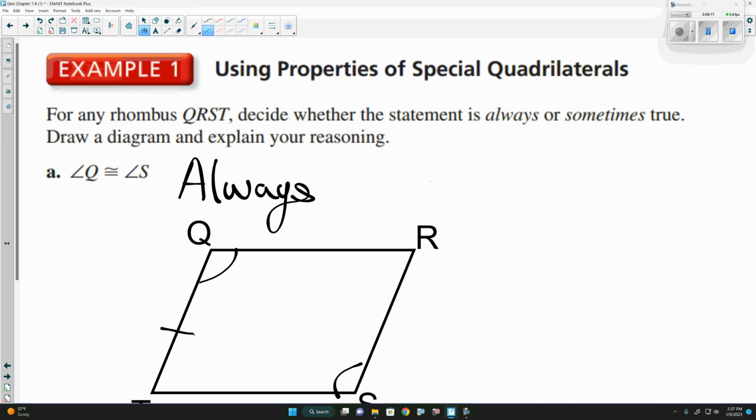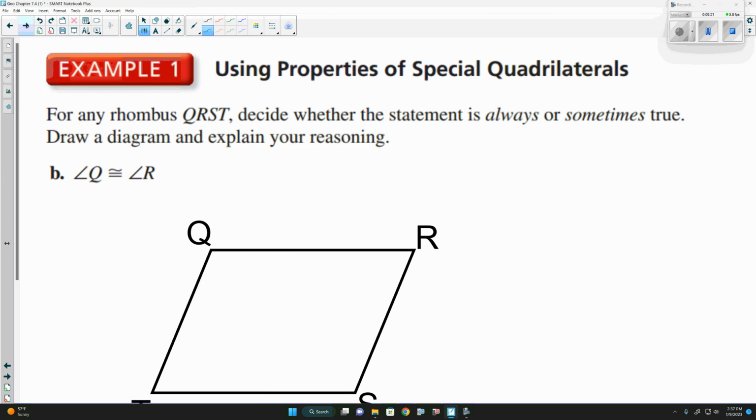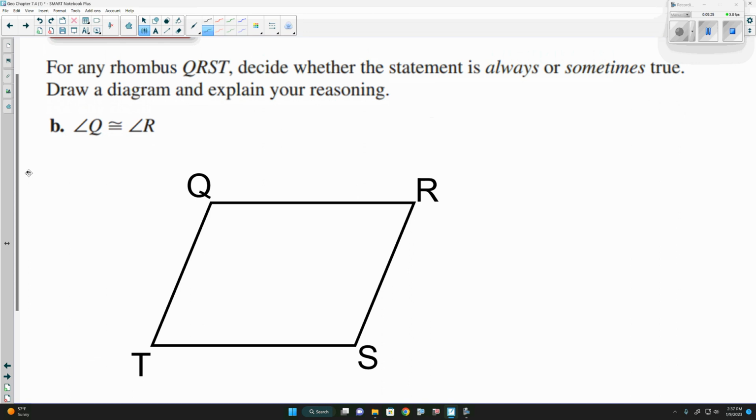But we do also know that since it's a rhombus, all four sides are congruent. Now the question is, are Q and R congruent? Sometimes or always? Sometimes. When would this be true?